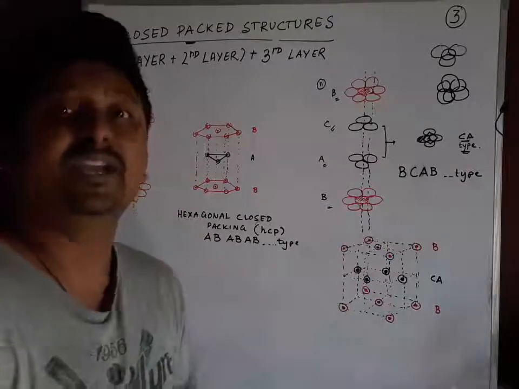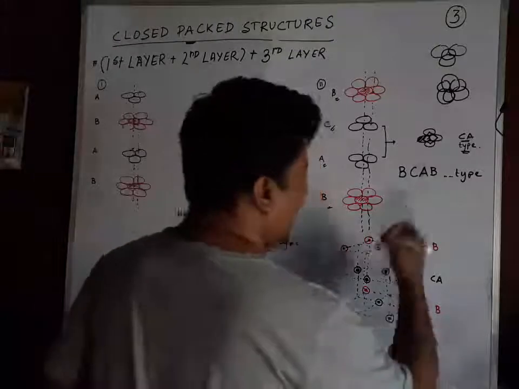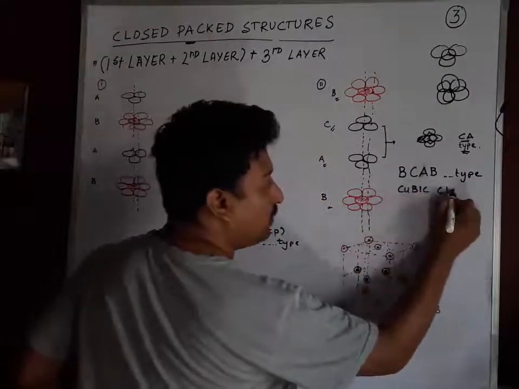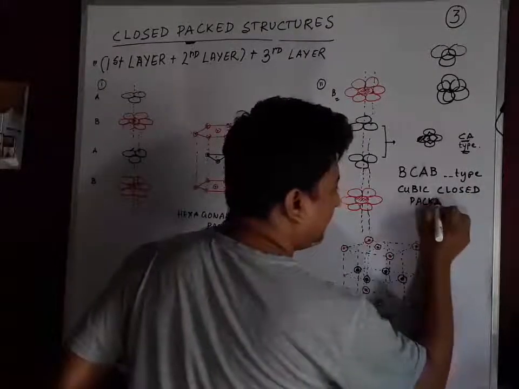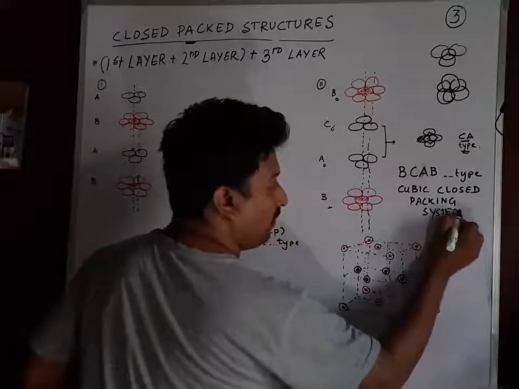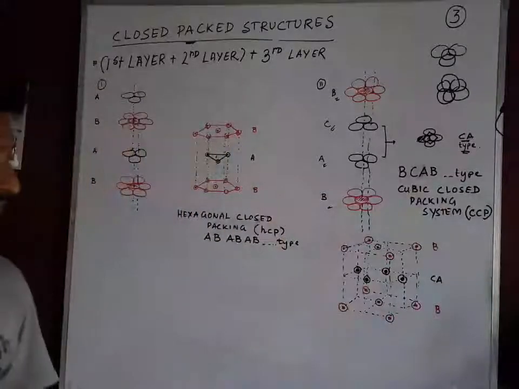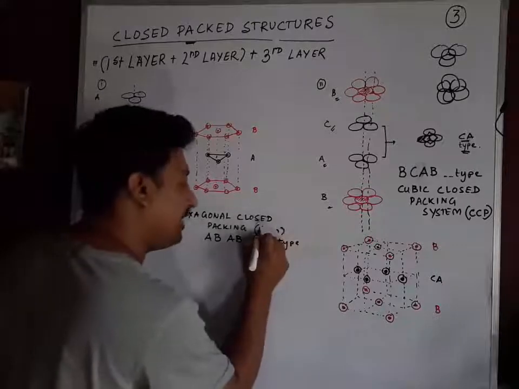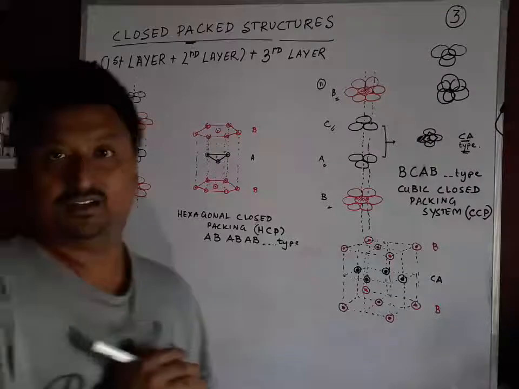I will get a cubic kind of crystal, and that's why it is known as cubic closed packing system, or we know it as a CCP kind of lattice arrangement. So this is HCP. So what I got? HCP kind of lattice arrangement and the CCP kind of lattice arrangement.